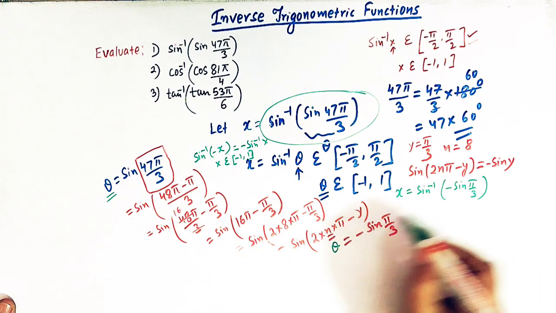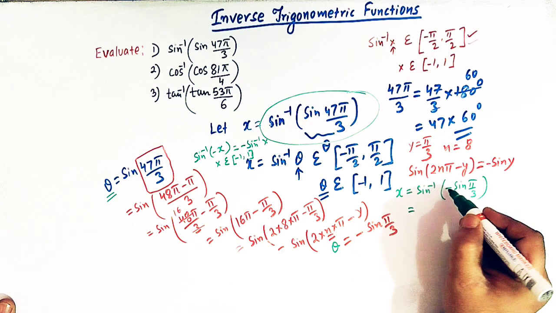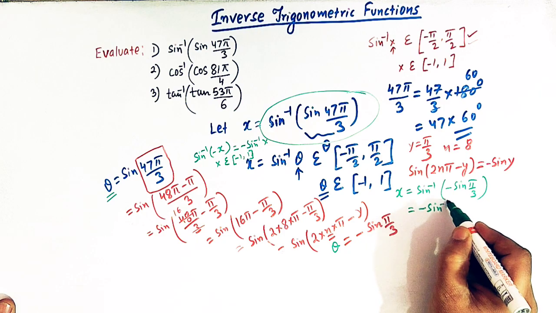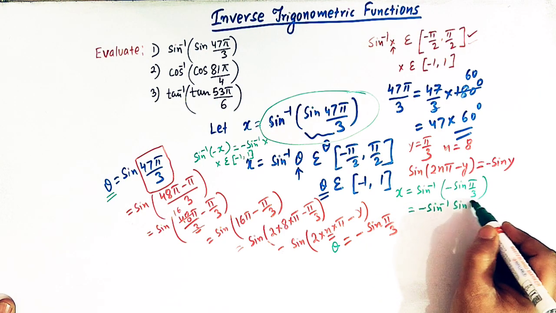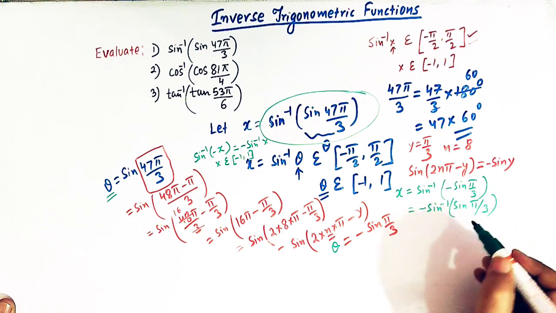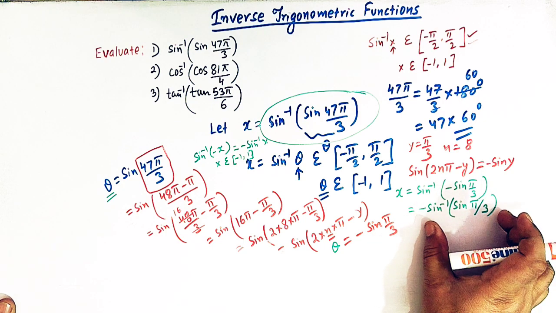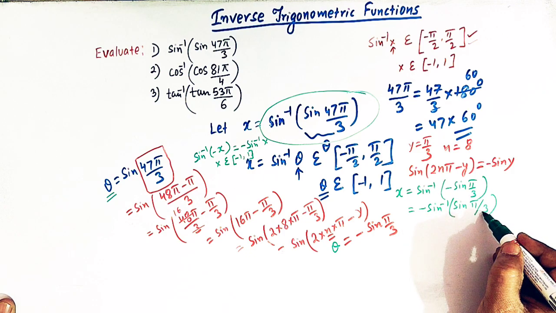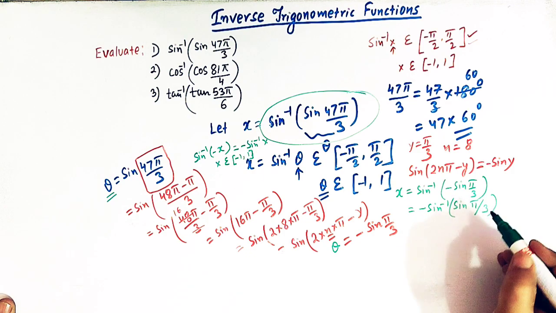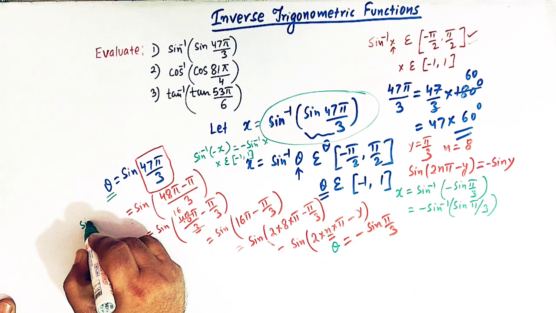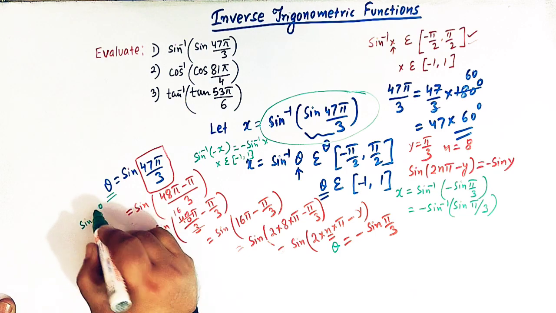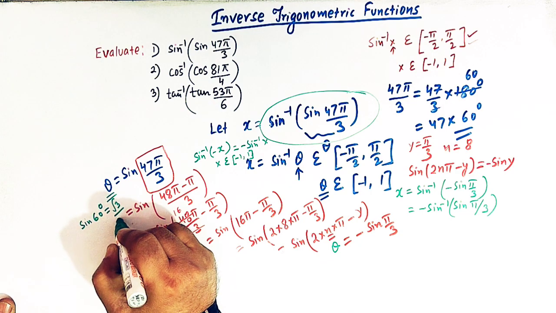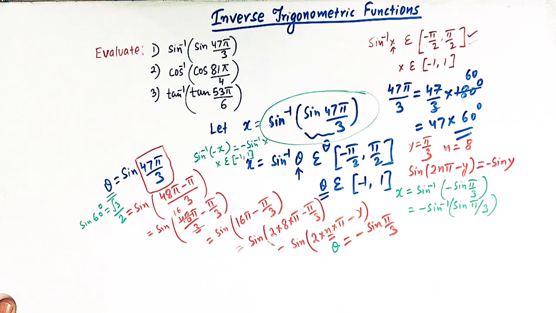So we can take the negative sign outside, and we have minus sine inverse sine pi by 3, where sine pi by 3 is sine 60 degrees, which is square root of 3 over 2.